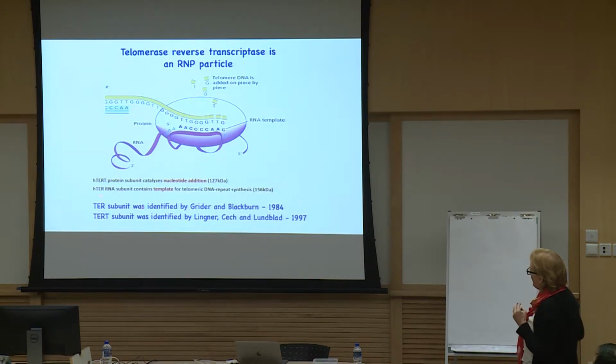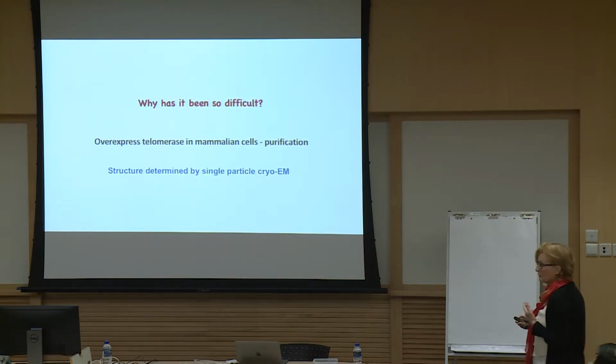The RNA subunit was identified by Blackburn and Greider in '84, for which they got the Nobel Prize a few years ago. Then there was quite a race to find the protein subunit. It took 13 years to find it, and at that point we started working on telomerase, and we knew what it consisted of.